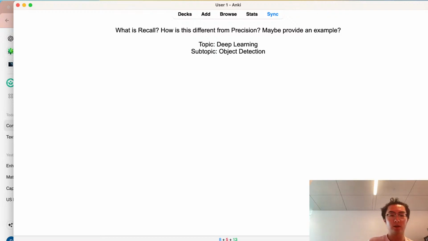What is recall? How is this different from precision? Okay, so we had defined precision as the ratio of true positives to the number of true positives and false positives.